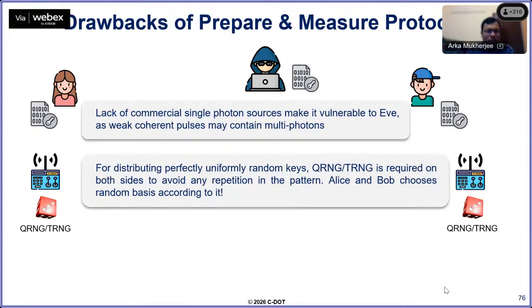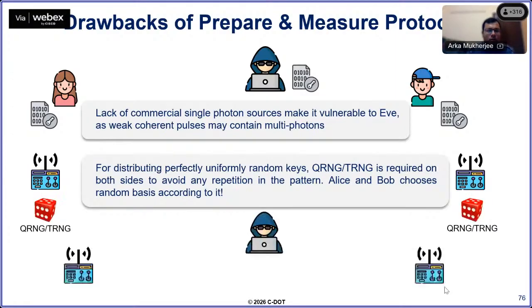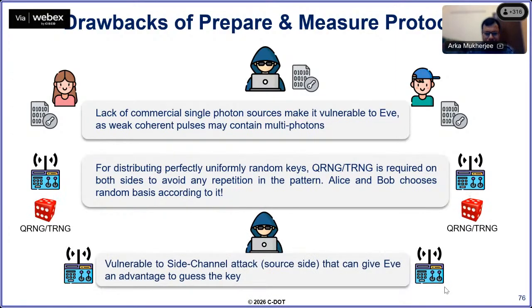We don't have a true single photon source, so we are using weak coherent pulses, and as I told, they can be vulnerable to side channel attacks. Quantum mechanics is secure from the theoretical aspect, but there may be side channel attacks, like the Trojan horse attack. Someone can launch some signals from outside and gain some information from the reflected signal. So these are some drawbacks of the prepare and measure protocols.